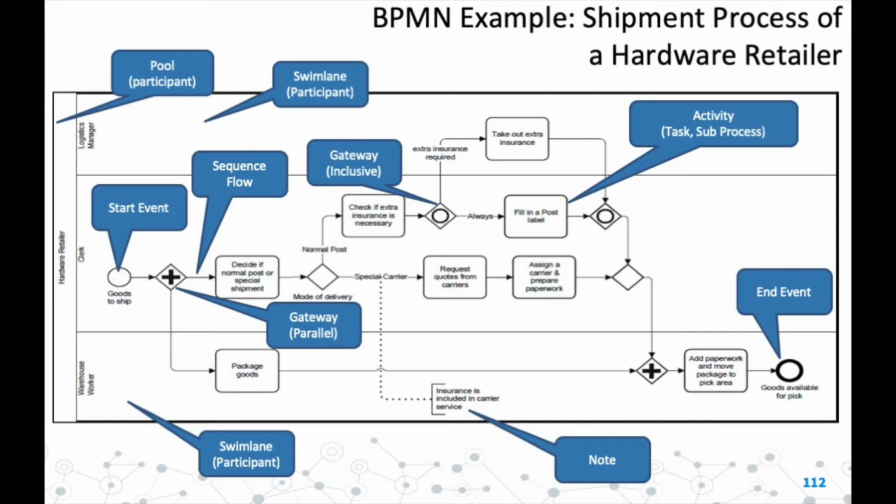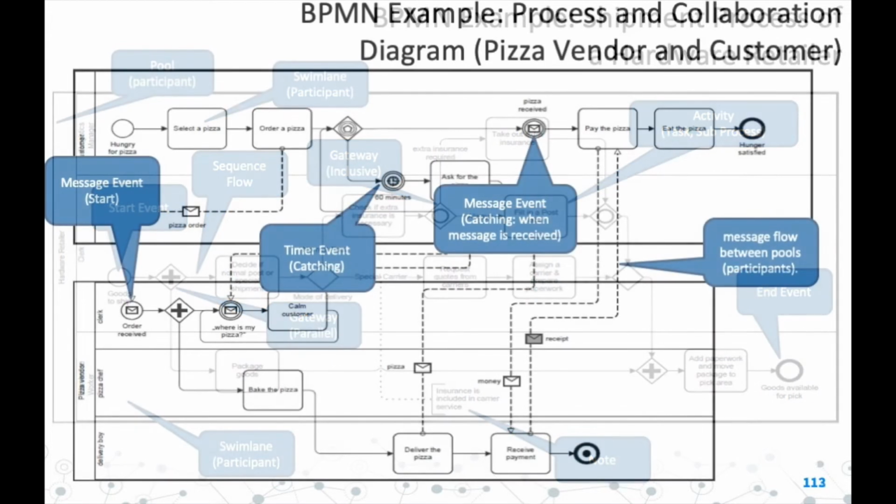Then it uses a gateway. In this case, the shipment event triggers 2 activities, one to decide what mode of delivery and the other to prepare the shipment. Then each activity or subtask is shown along the way. Finally, the end event is reached, which represents the outcome of the process. In this case, things are ready to be picked up.